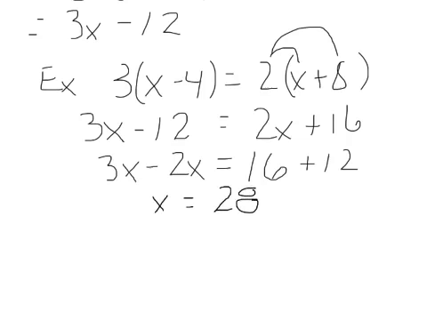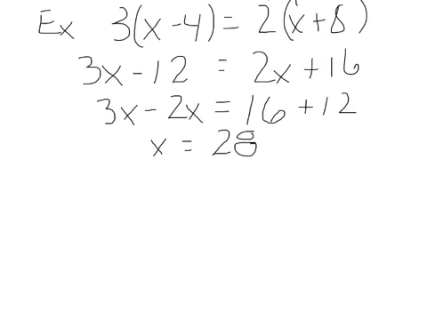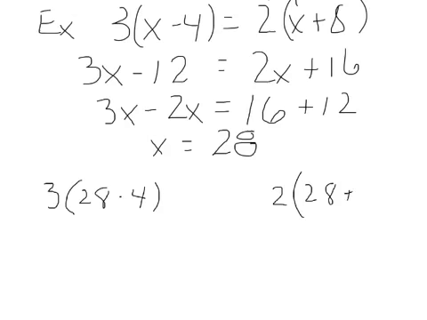So then we want to check to see if we've done this correctly by substituting in 28 into the left side and the right side. So is x actually equal to 28? So I have 3 times 28 minus 4 on my left side, and then on my right side I have 2 times 28 plus 8.